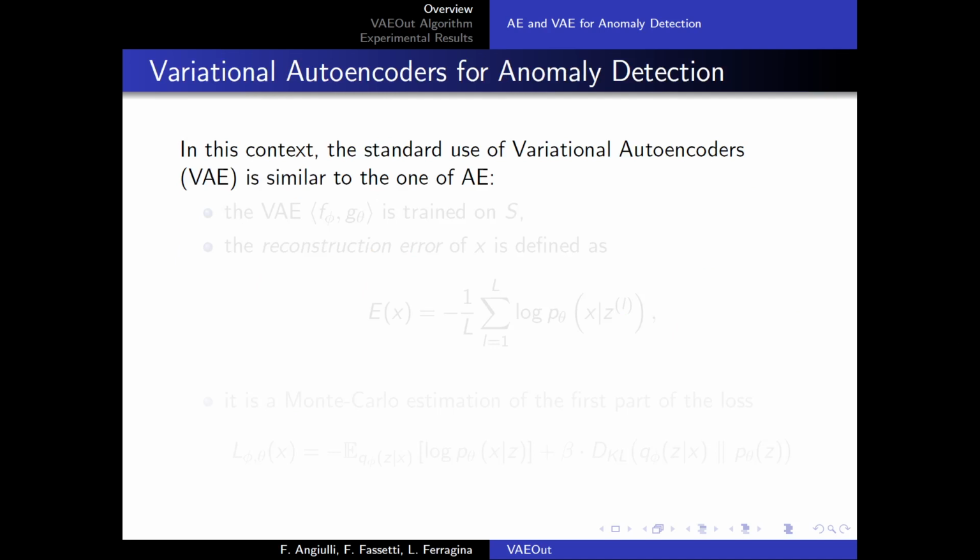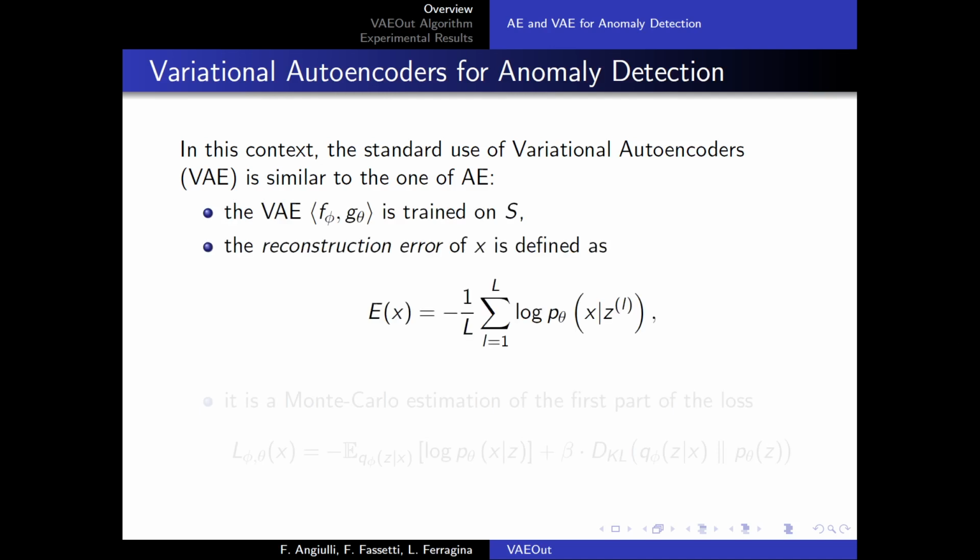Variational autoencoders are complex stochastic generative models, but in the context of anomaly detection, they are used in a way similar to the standard autoencoders. That is, first, a variational autoencoder is trained on the dataset S. Then, for the sample X, the reconstruction error is defined as we can see in this formula.